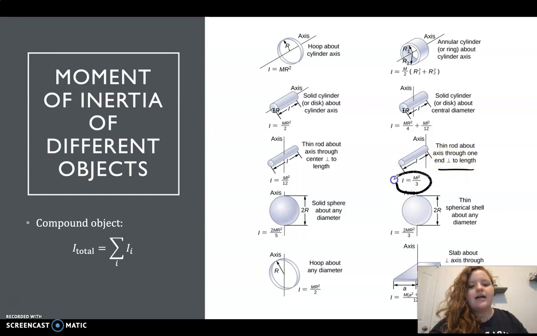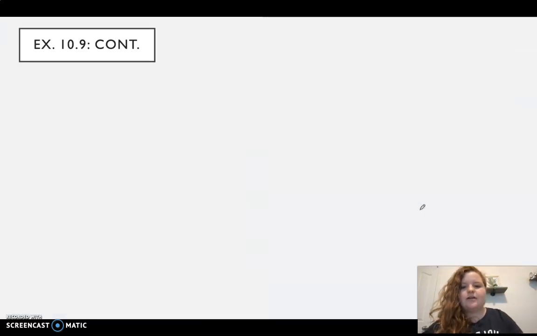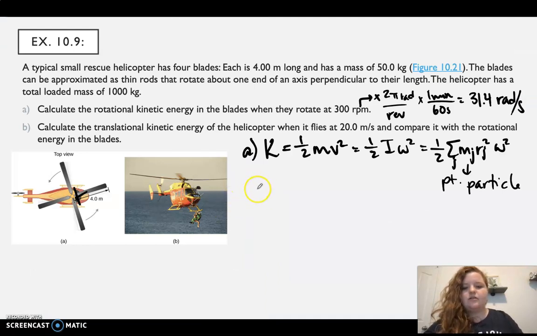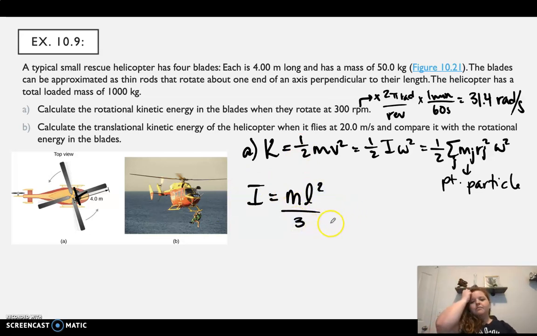So our I is going to be equal to our mass times L squared, the length of that rod, divided by 3. So our I is ml squared over 3. And again, that'll still be times 4 since they are all identical.